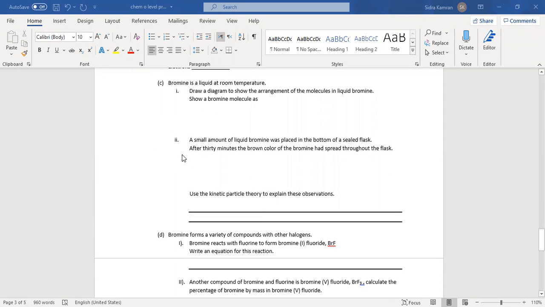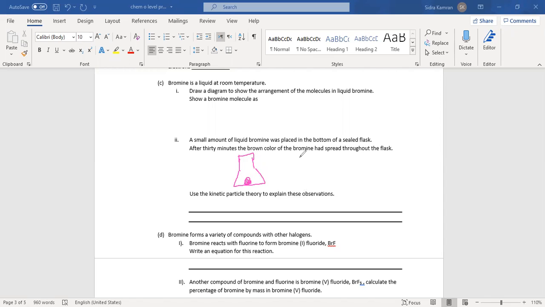Next part of this question is, a small amount of liquid bromine was placed in the bottom of a sealed flask. After 30 minutes, the brown color of the bromine had spread throughout the flask. So if I'm going to draw here the structure of the flask, in a flask that is sealed, you have placed liquid bromine.